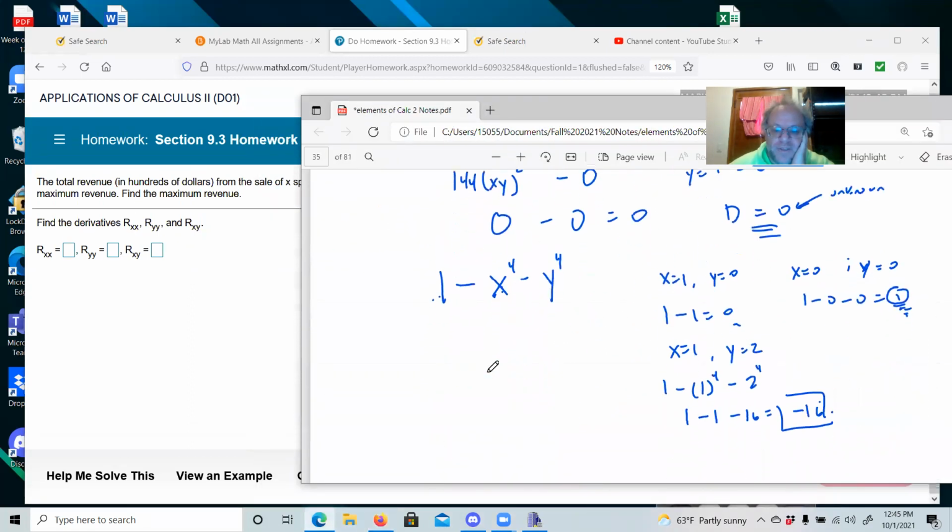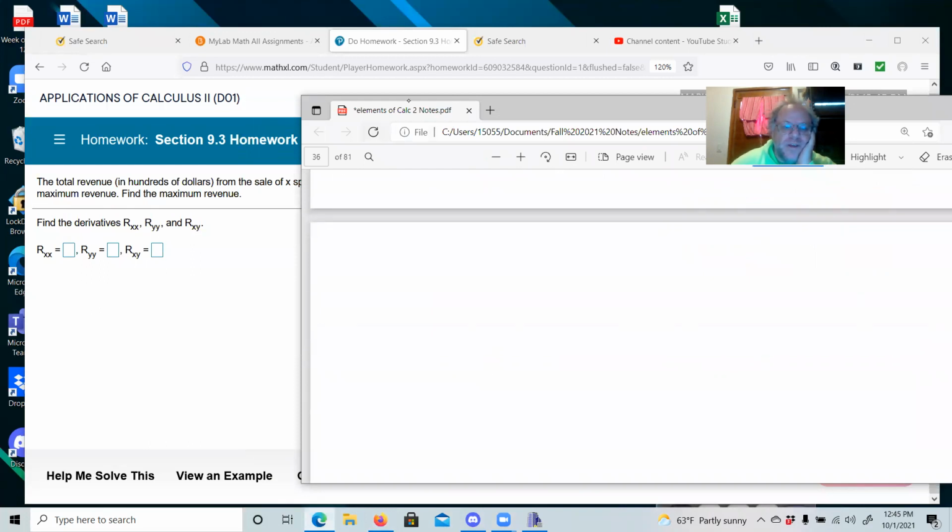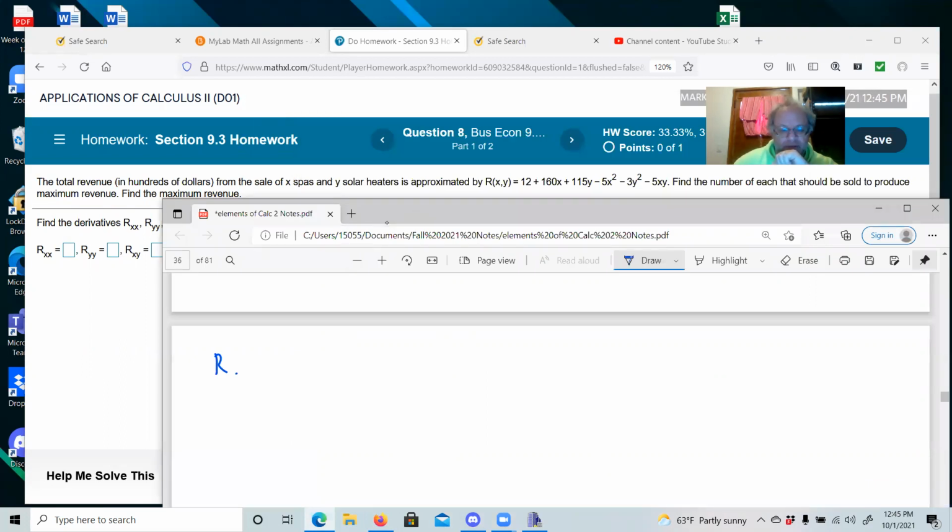We have this R function, total revenue in hundreds of dollars from the sale of x spas and y solar heaters. It's approximated by 12 plus 160x plus 115y minus 5x squared minus 3y squared minus 5xy.